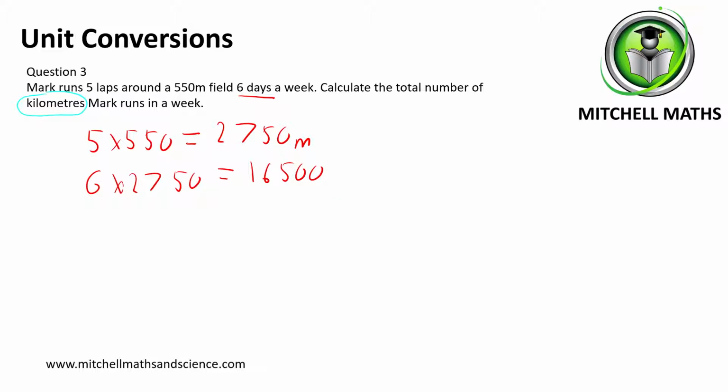So I'm going to need to convert this into kilometres. Well, I know there's 1,000 metres in a kilometre and I'm scaling up to the larger unit, so I'm going to need to divide. So 16,500 divided by 1,000 is going to be 16.5 kilometres. And that's my answer for that question.